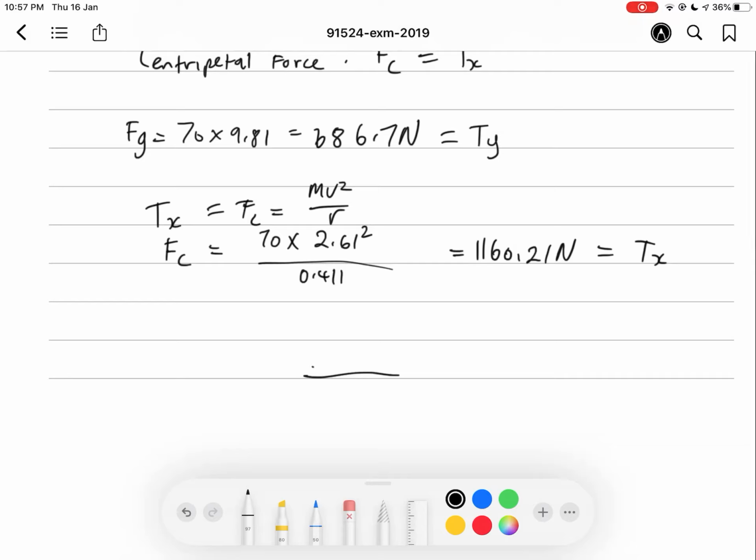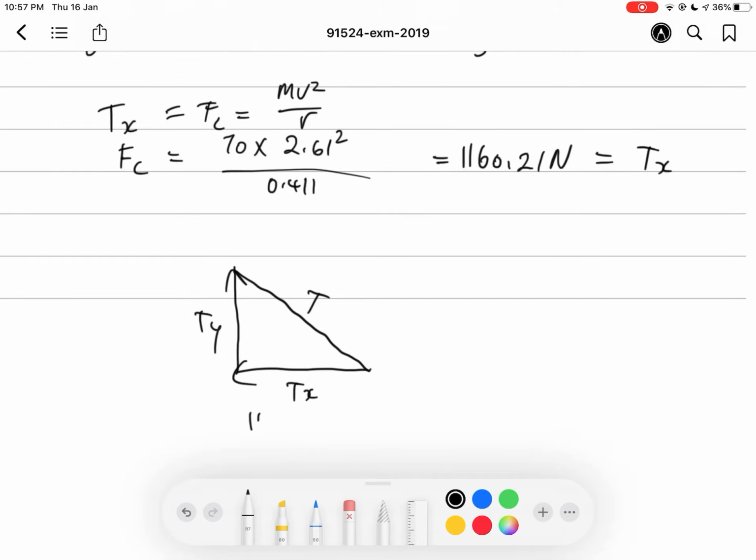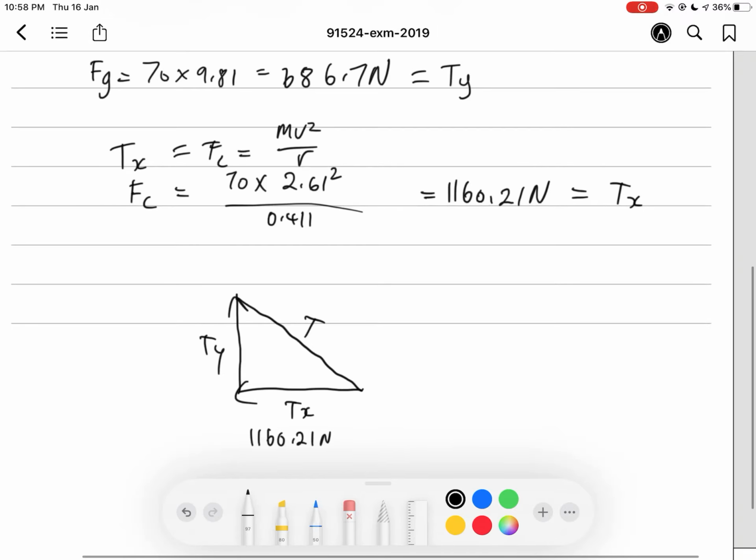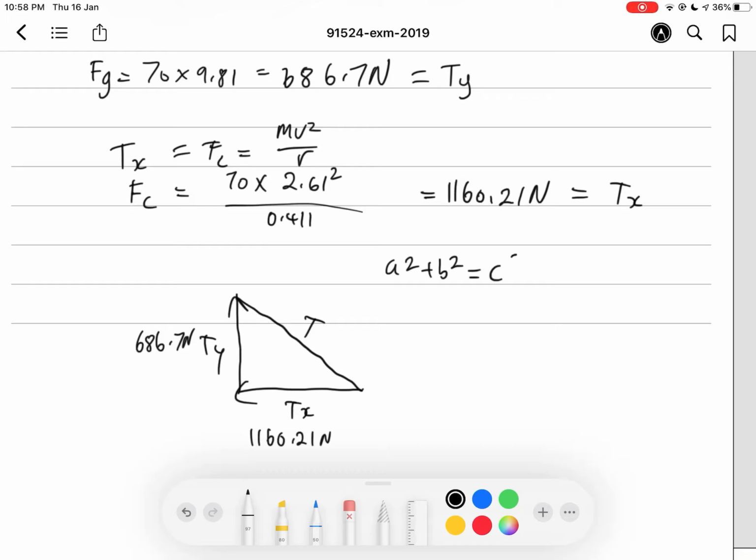Now we can draw a rough vector diagram. We have our Tx, our Ty, and our tension force T. Tx is 1160.21 newtons, and Ty is 686.7 newtons. Now we can use Pythagoras to find the tension force. a squared plus b squared equals c squared.